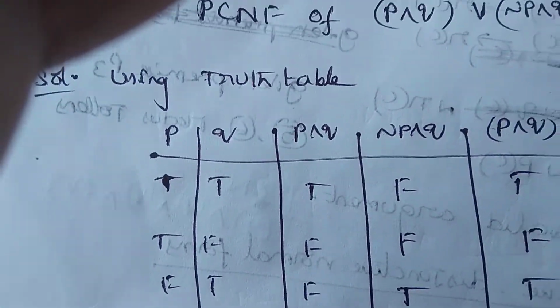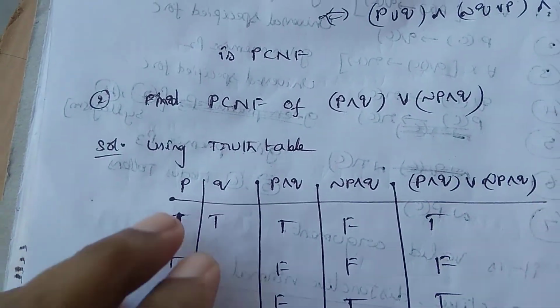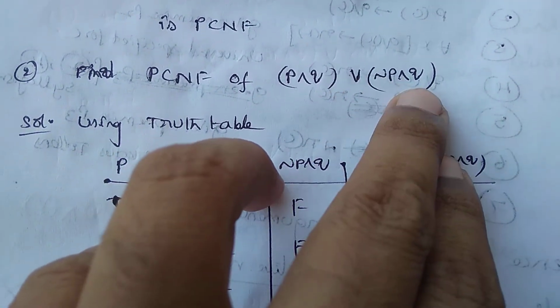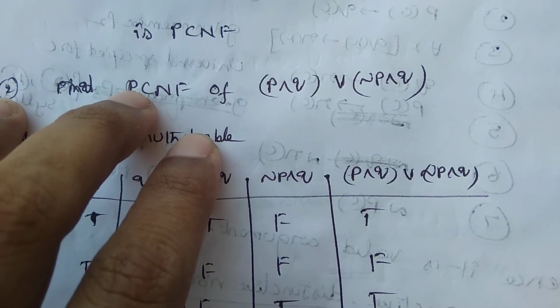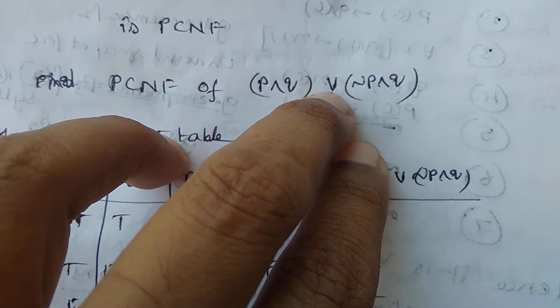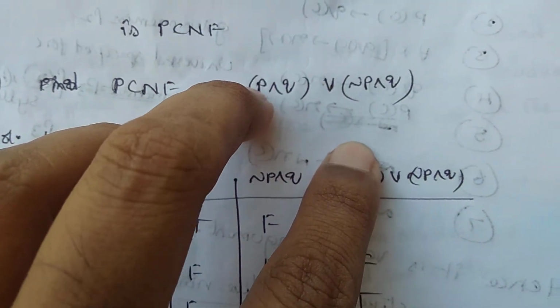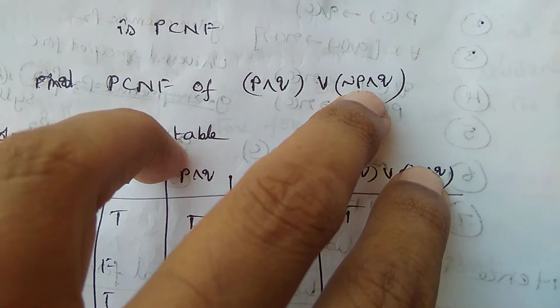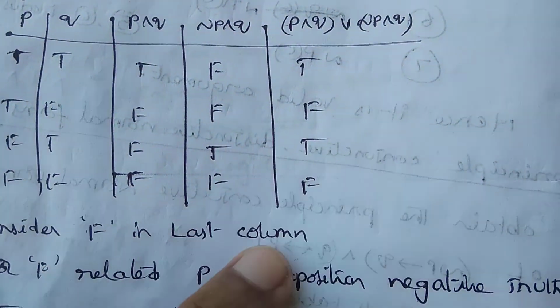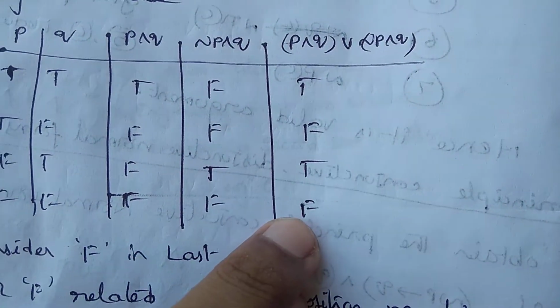Another problem we can discuss: write the PCNF of (P and Q) or (negation P and Q). PCNF means you have to get the AND symbol outside, and inside brackets the OR symbol. For that, first construct the truth table. In the last column only consider the F's.